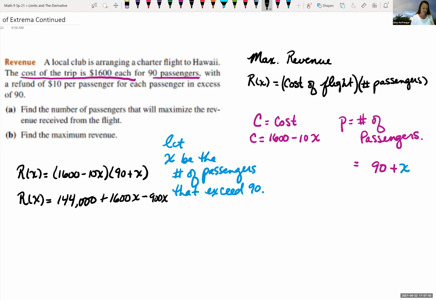And then a negative 10X times an X gives me minus 10X squared. So rewriting my revenue function in descending order of powers, it's negative 10X squared, plus 1,600X minus 900X, which gives plus 700X, plus 144,000.